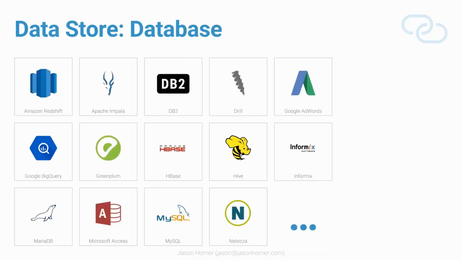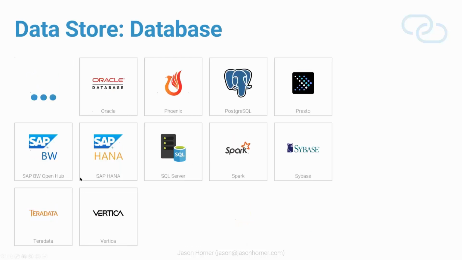Okay. I also have the ability to access on-prem type data sources. So things like MySQL, right? That's not hosted in Azure. Now that could be in an IaaS, so it could be in a VM. So it could be MySQL running in a VM, or it could be MySQL running on premise, right? Other kind of services like Google AdWords, HBase queries, third-party software, all those kind of things are supported.